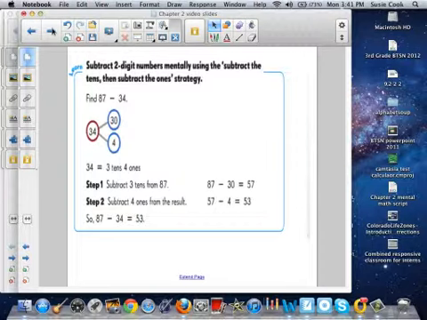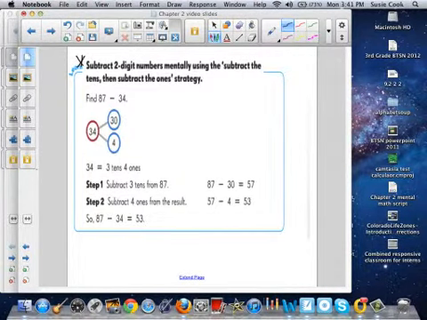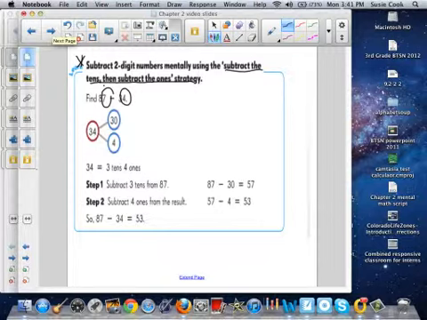Another subtraction example is to subtract 2-digit numbers mentally using the subtract the tens, then subtract the ones strategy. Find 87 minus 34. We're going to take the 34 and turn it into a number bond. 34 is 30 plus 4. 34 is the same as 3 tens and 4 ones.